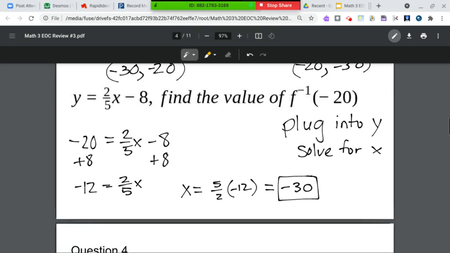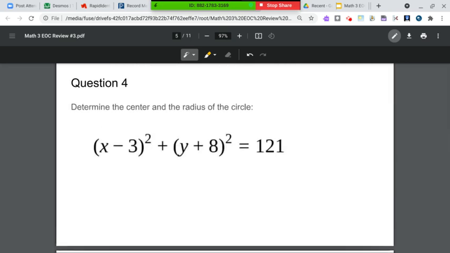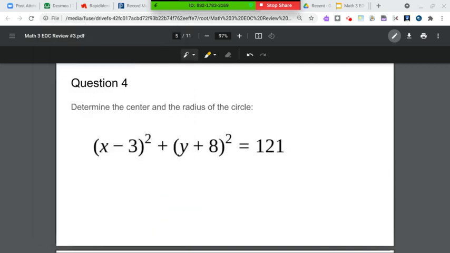Antonetta, you good? Okay. Number 4 is a quick, easy, simple one: look at it, know the answer. This is the standard form of a circle. You can do one of two things.